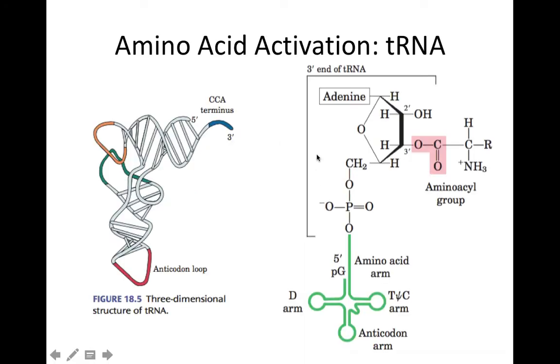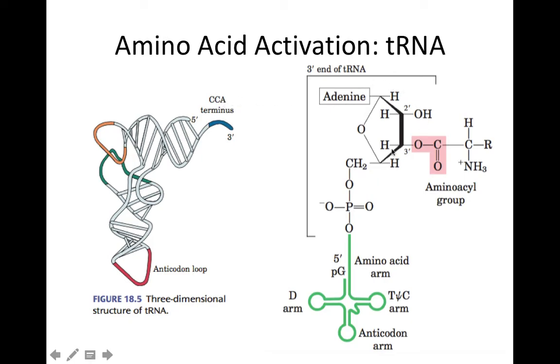So here we look at the tertiary structure of your tRNA. And if you will remember, in our discussion on RNA types, the tRNA has an anticodon loop here, which is the part that is complementary to your mRNA codon, and a conserved 3' end, which is largely composed of CCA.